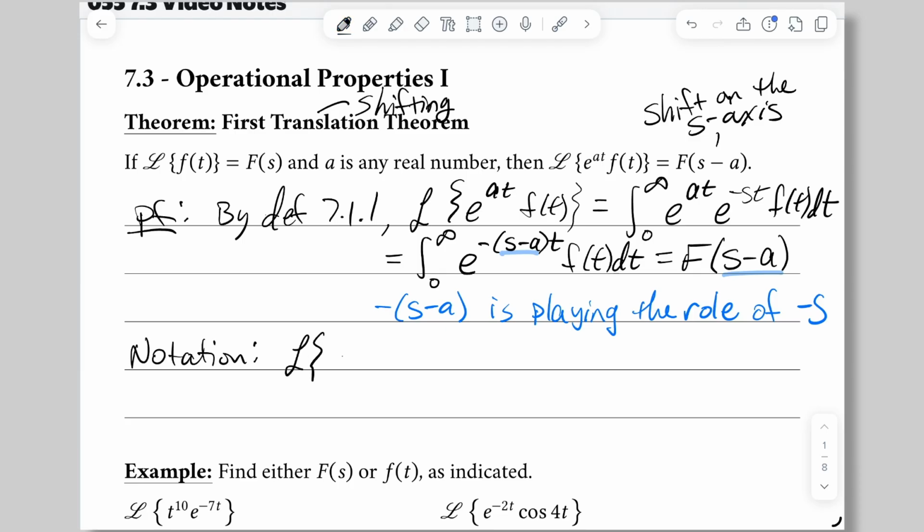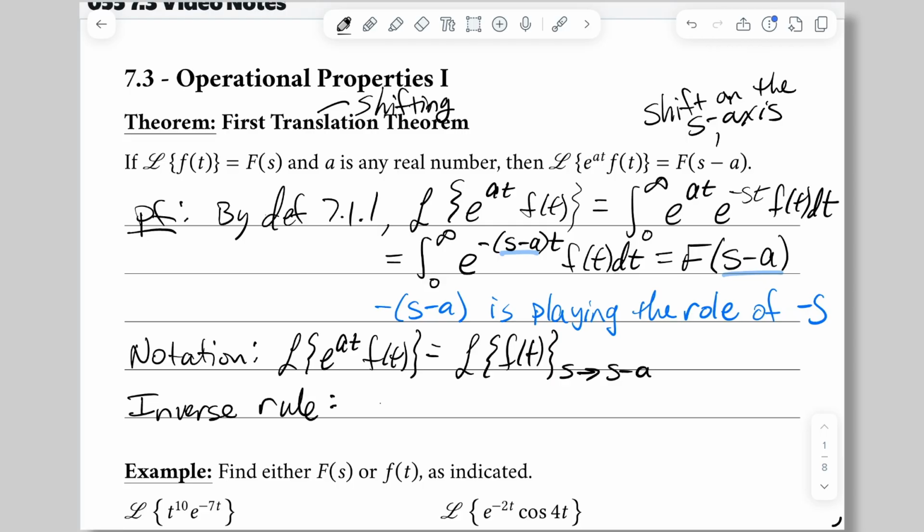A piece of notation that you might see is that the Laplace transform of e to the at times f of t is equal to the Laplace transform of f of t with a little subscript: s becomes s minus a, so a little s arrow s minus a. Once we have a transform, we have an inverse rule as well.